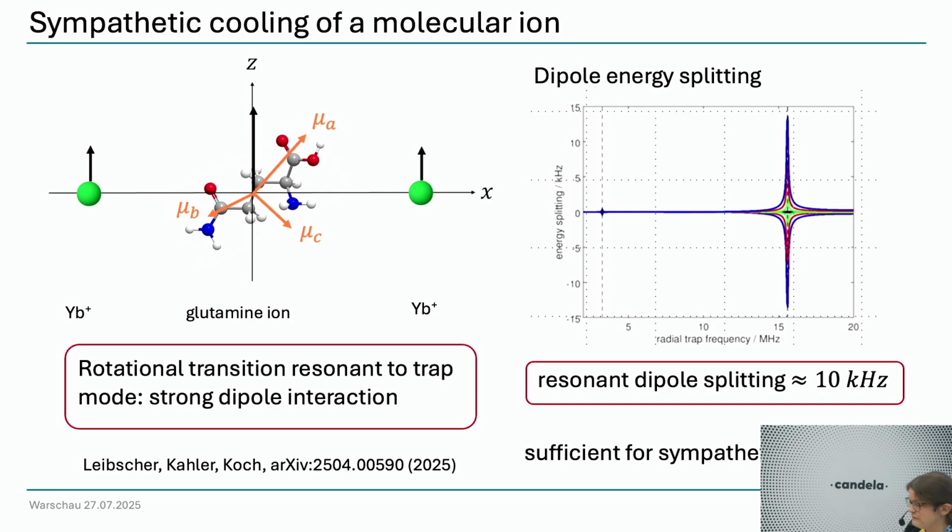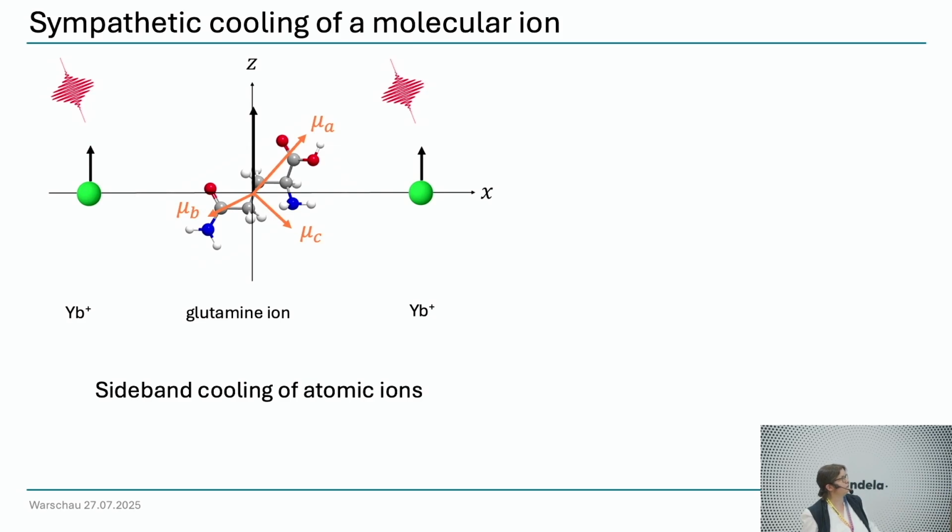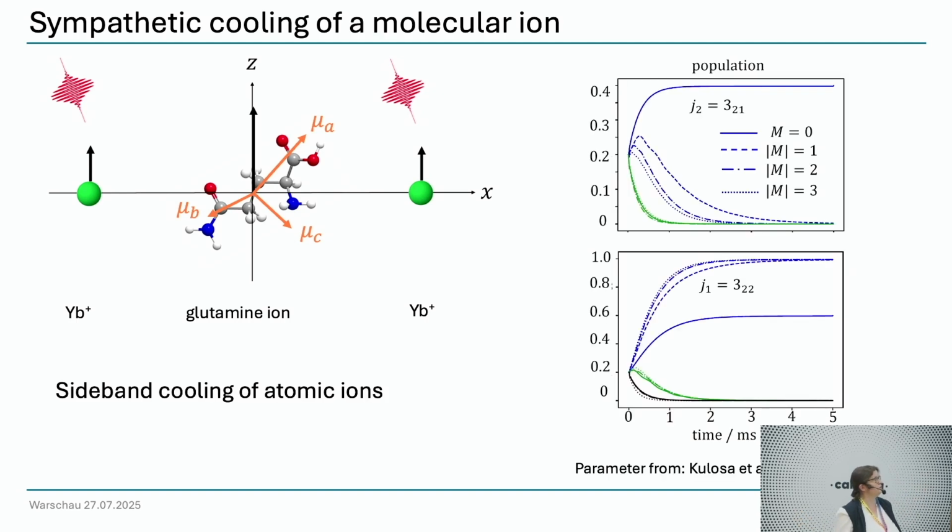So the question is whether this coupling between rotations and the collective vibration is sufficiently strong to attempt any sympathetic sideband cooling. So we did a simulation of the sideband cooling of the atomic ions in the presence of the dipole coupling. And what we see here is the population of the two coupled rotational states. This is the upper rotational state, and this is the lower rotational state. And you see the different blue curves because the rotational spectrum is degenerate.